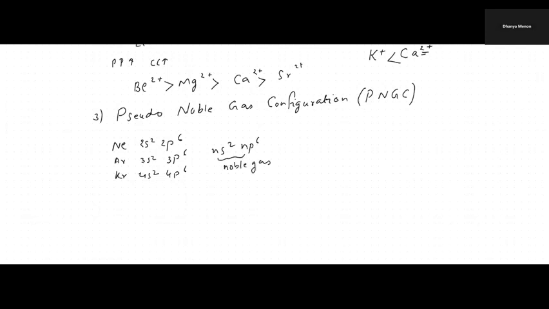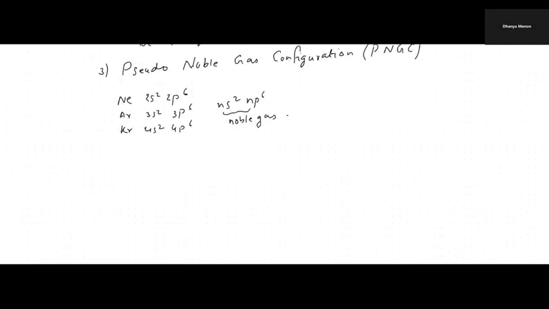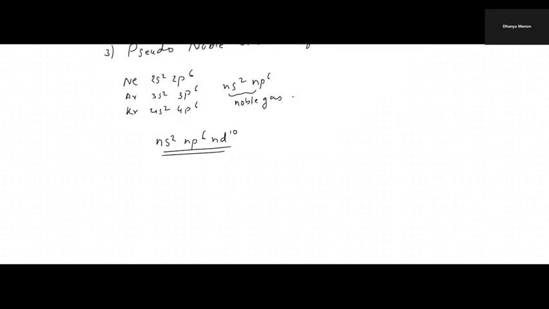Now, for pseudo-noble gas configuration, these cations will have a configuration like this: ns2, np6, nd10. It's like fully filled, right? All the orbitals that are there are fully filled. So this type of configuration is called pseudo-noble gas configuration.